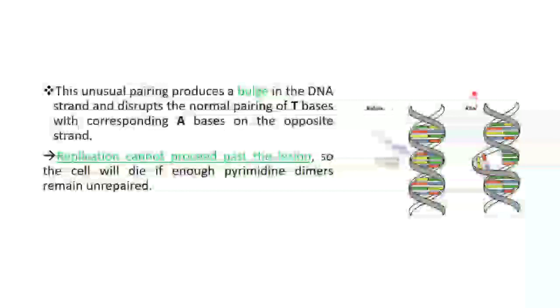And when the DNA polymerase reads the DNA template during the process of replication, the DNA polymerase cannot proceed past the lesion here, and the process of replication will end. And if the cells cannot repair this thymine dimer, the cell will finally die.